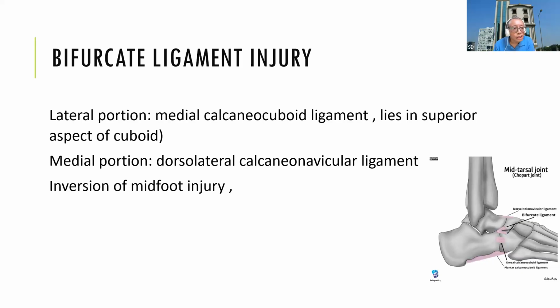In inversion injury of the ankle, the most commonly affected ligament, as we have already discussed, is the anterior talofibular ligament, ATFL. In 70% of cases, this ligament is injured, and in the remaining 20%, the calcaneocuboid ligament will be injured, and all the rest of the ligaments are injured in a very small percentage. So one of the ligaments that can be injured in inversion injury of the ankle is the bifurcate ligament.